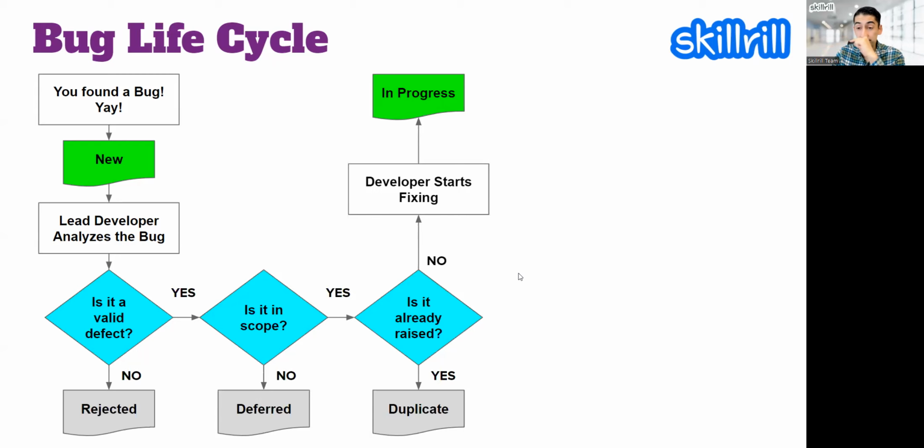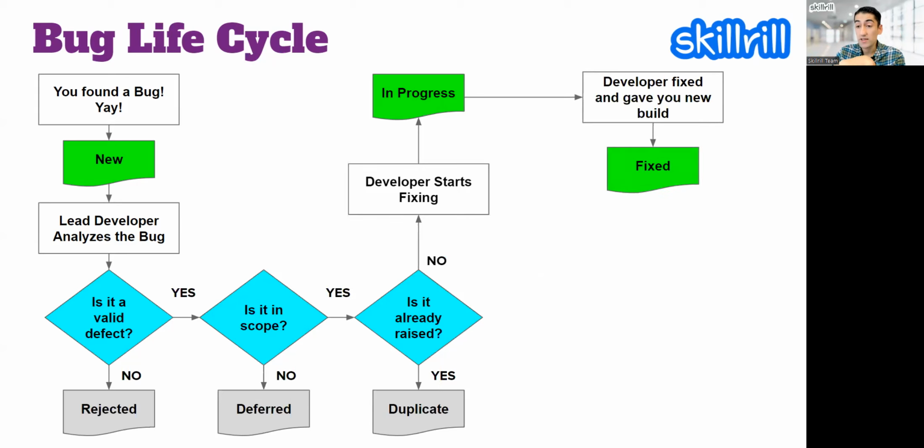Now, at that time, you keep testing, you keep doing your job, you have other 100 test cases to execute, let's say, and then they keep fixing. When they're done fixing, they change the status and say, I'm done fixing, so it's fixed. It's not in progress anymore, it's fixed now.